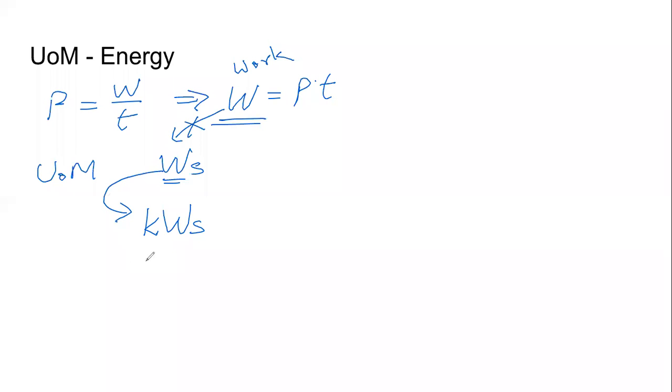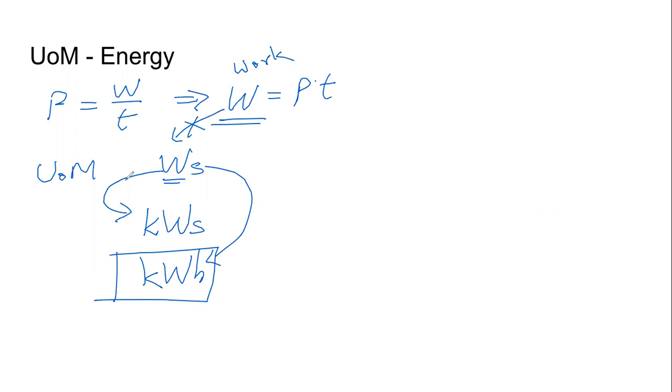Similarly, instead of using seconds for time, we use hours, H. And this unit, kilowatt hour, is the unit used to measure the energy that we consume in our houses, in a factory, in an industry, because this is a much bigger unit, kilowatt hour. We have studied this last time.